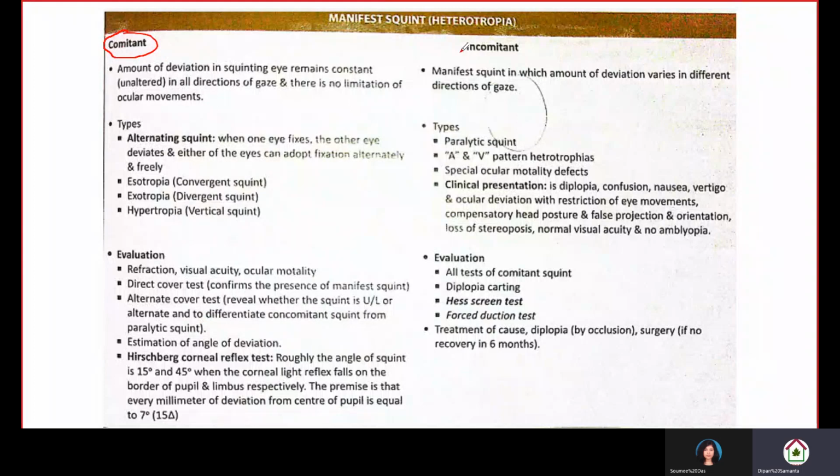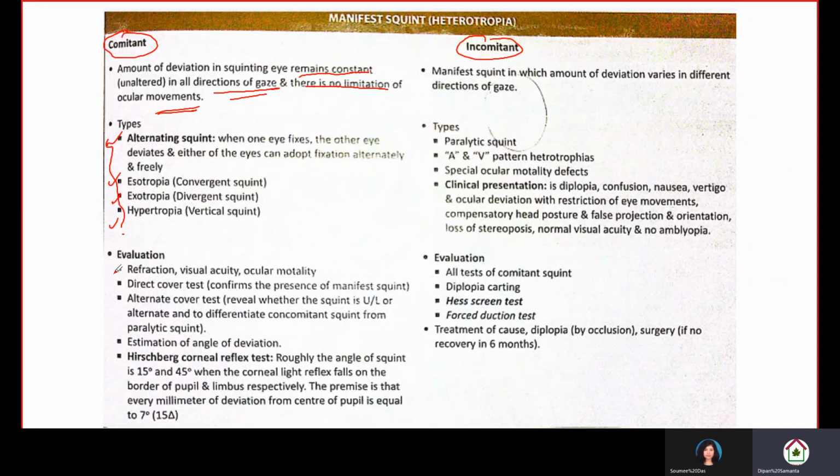So next, concomitant and incomitant. So concomitant is where the amount of deviation in the squinting eye remains constant in all directions of gaze, or there is no limitation of ocular movement. Types are alternating squint, esotropia, exotropia, hypertropia. So all these are types of concomitant squint.